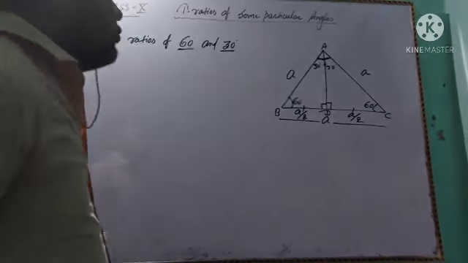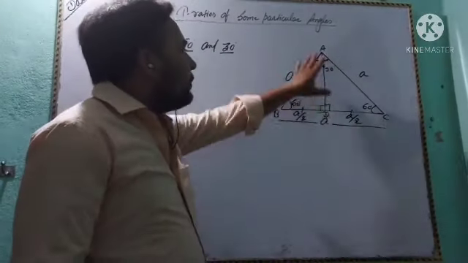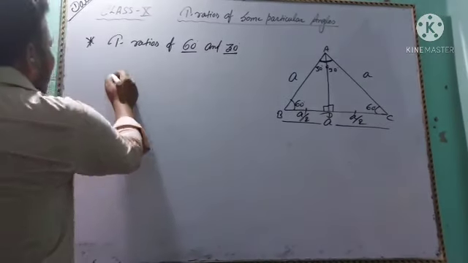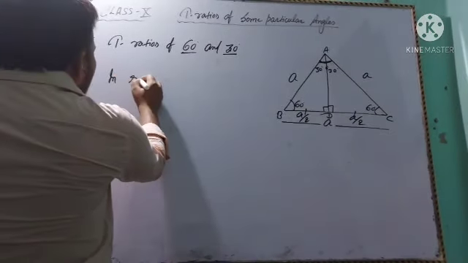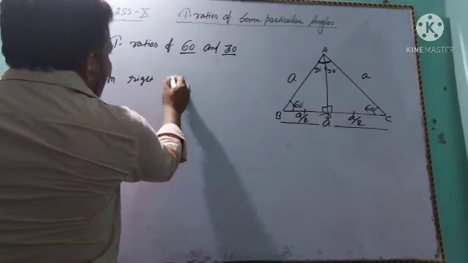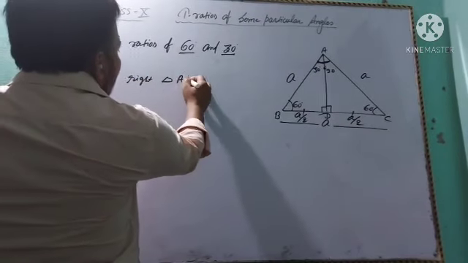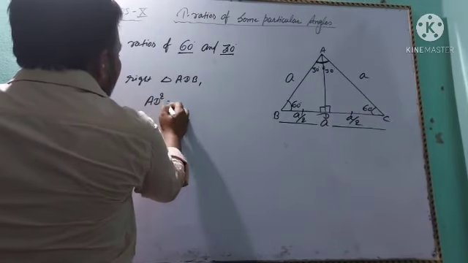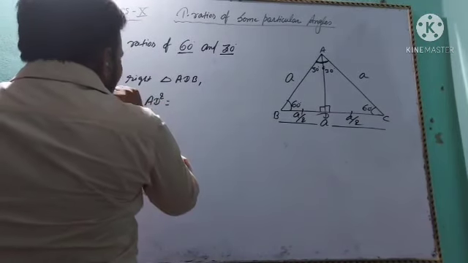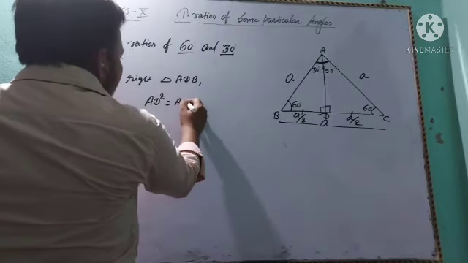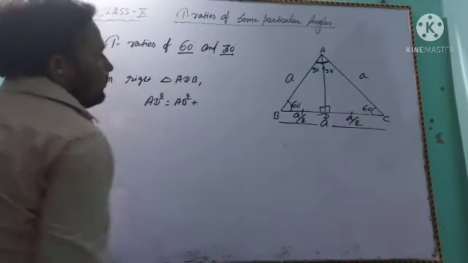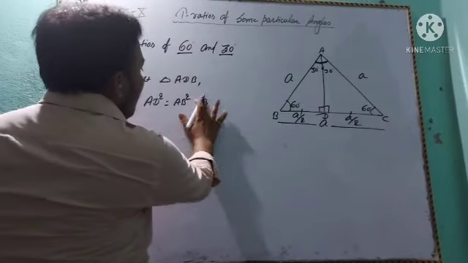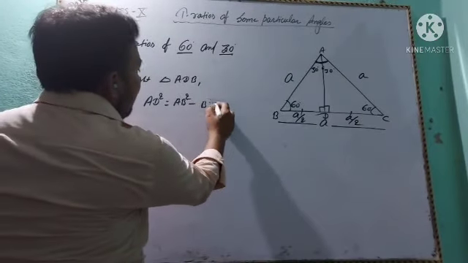First of all, students, we find the perpendicular AD. In right triangle ADB, AD square, that is the perpendicular, is AB square minus BD square.